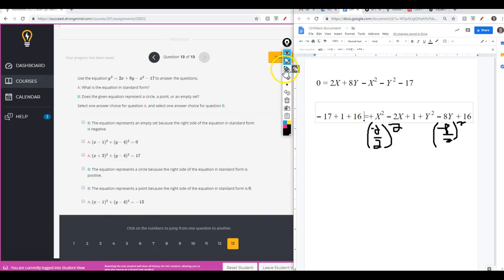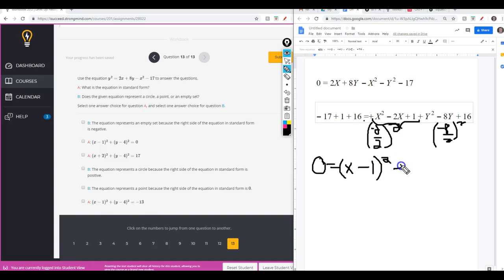So then for this half, we would have -17 plus 1 is -16. -16 plus 16 is 0, which is equal to, well, our factor for this in factored form would be x minus 1, since -2 divided by 2 is -1, so that's where that -1 comes from.